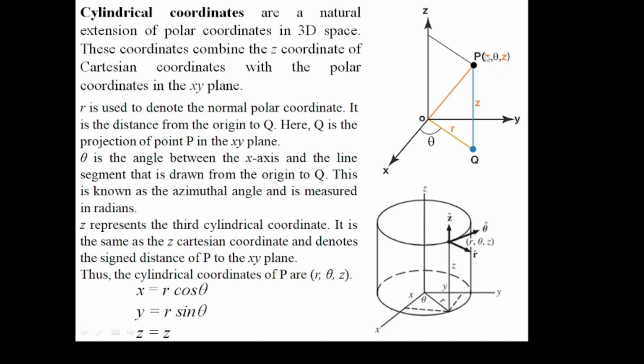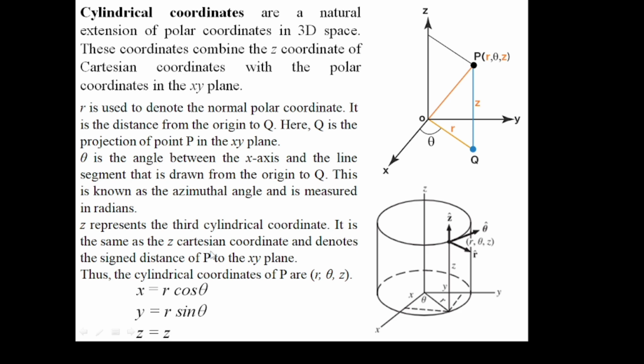So r, theta correspond to the polar coordinates, and z is the same as the Cartesian coordinate. r is used to denote the normal polar coordinate, and theta is the angle between the x axis and the position vector of P, and this is known as the azimuthal angle and is measured in radians. z represents the third cylindrical coordinate.